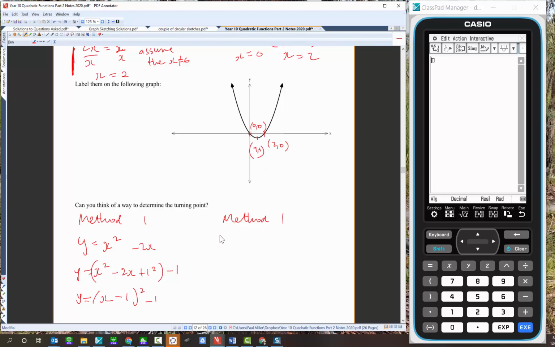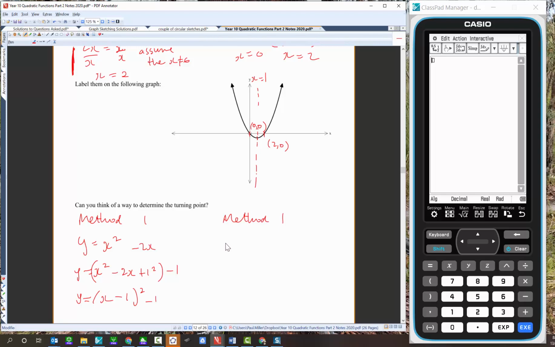Right, method 2. Actually, by symmetry, we know that the turning point must be in the middle of the two x-intercepts. So that turning point there must be somewhere along the line x equals 1.